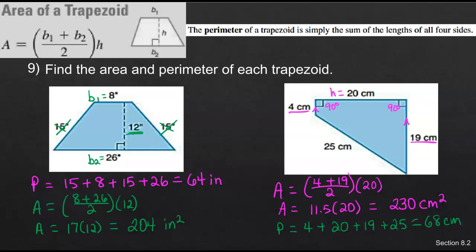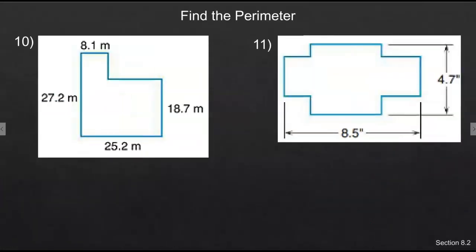All right. On these, we're just finding the perimeter, and these are shapes that are put together. The first one we could say we have 2 rectangles put together, and on the second one we have a few rectangles put together.